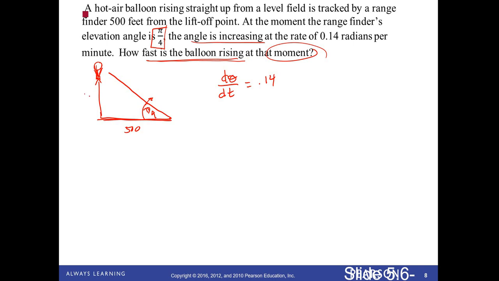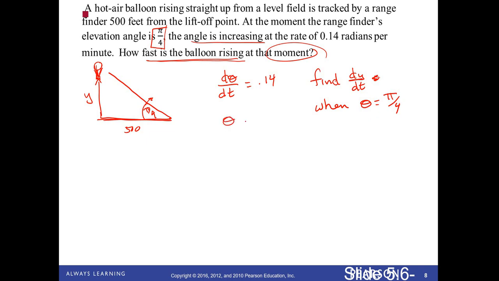So I need a variable here. I'm going to call it y. So I want to find dy/dt when theta equals pi over 4. So I know d theta/dt, I want dy/dt, and I want to find it when theta is pi over 4.